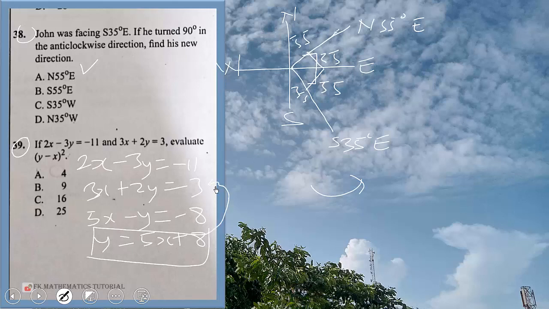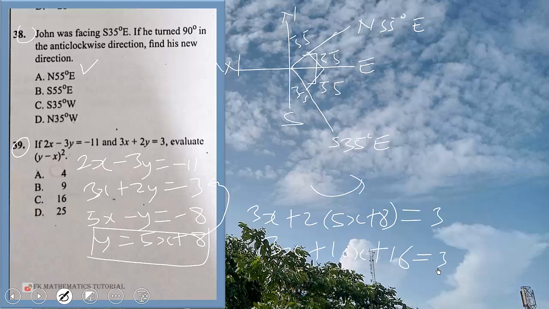So I will get 3x plus 2 times (5x plus 8) is equal to 3. So 3x plus 10x plus 16 will be equal to 3.